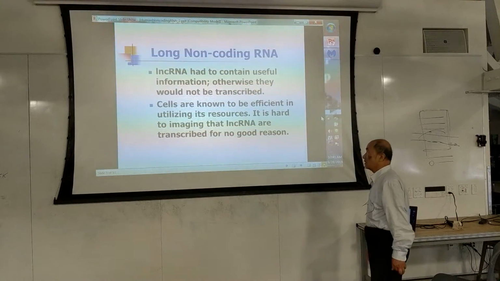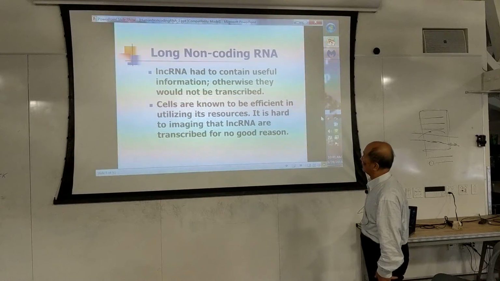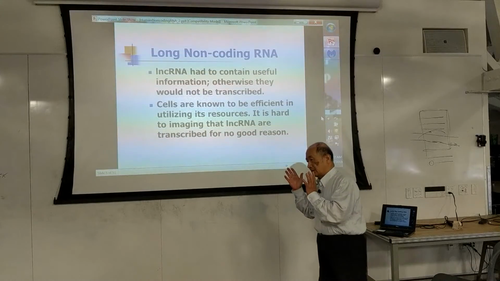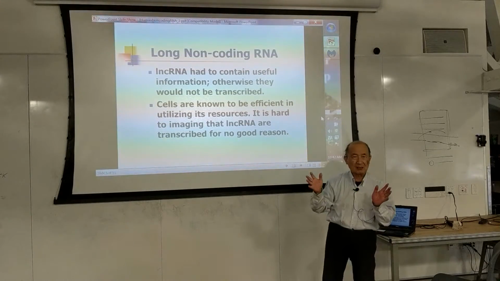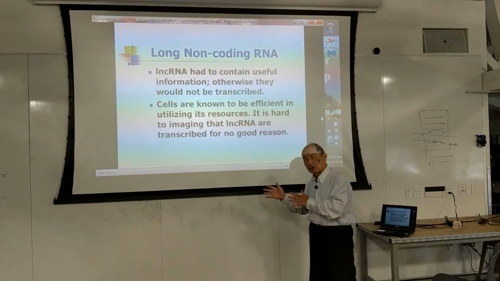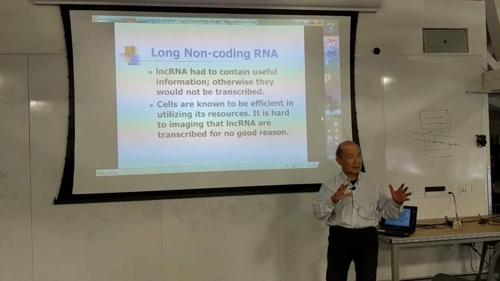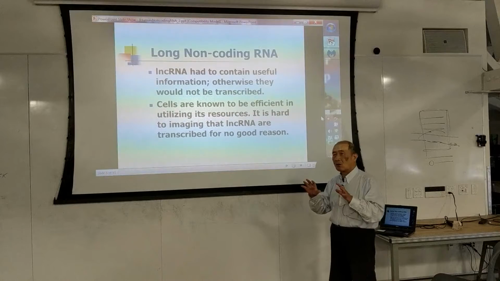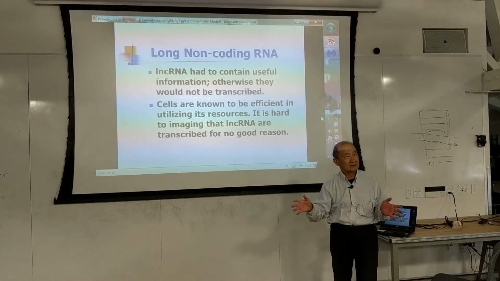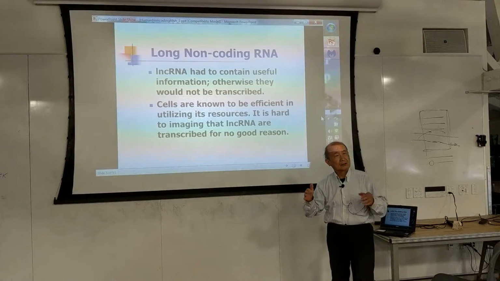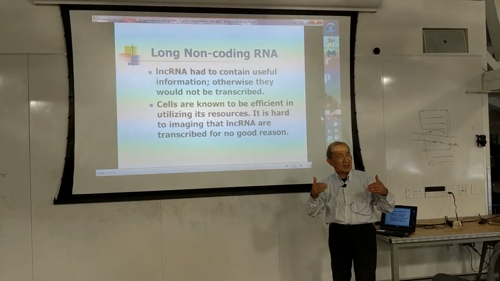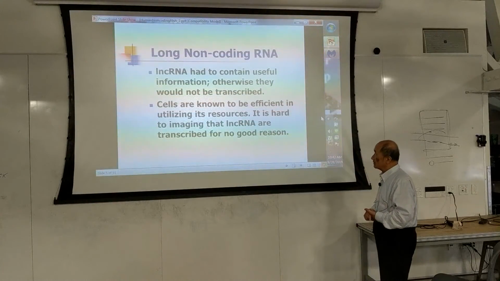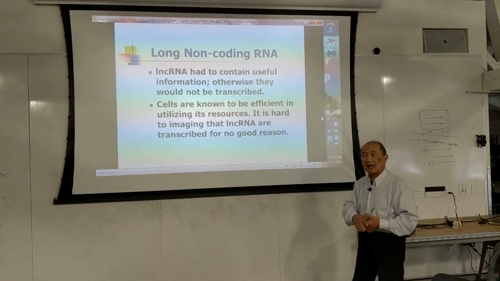So the information in DNA is first transcribed into RNA. If they are messenger RNA, they are translated into protein. But why are there lots of other RNAs? What are they doing?